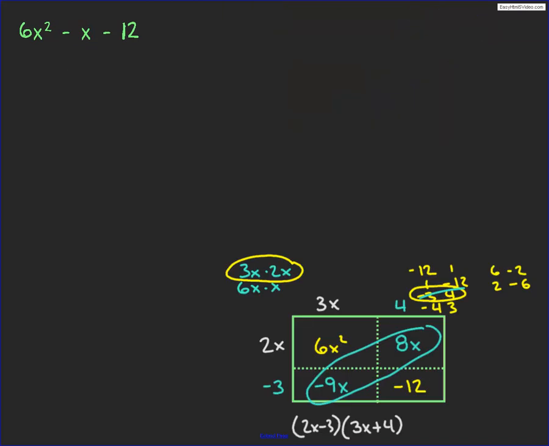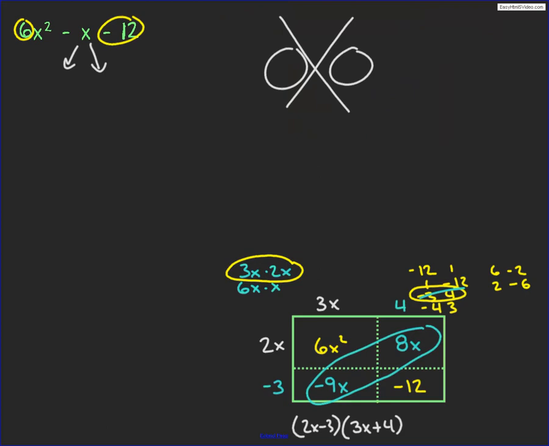If I approach this problem using the x factor, my first step is going to be to make my x. Again, the goal of this is to try to figure out these two numbers right here. And those are the two numbers that I'm going to split this into. So to start, I have 6 and negative 12. So 6 times negative 12 is negative 72. And I want those things to add up to negative 1, which is the middle term right here.